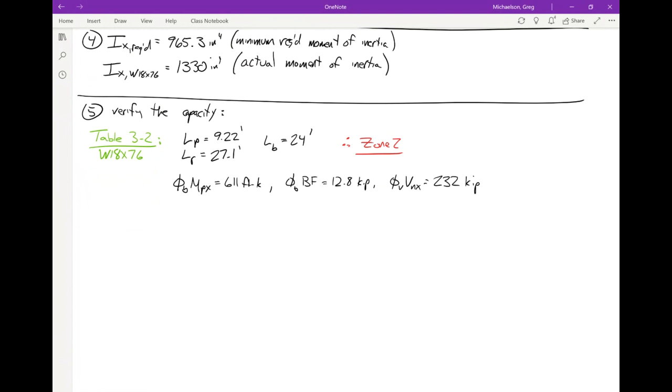Compute CB times, so CB was 1.14 times 611 minus 12.8 kips times 24 feet minus 9.22 feet.